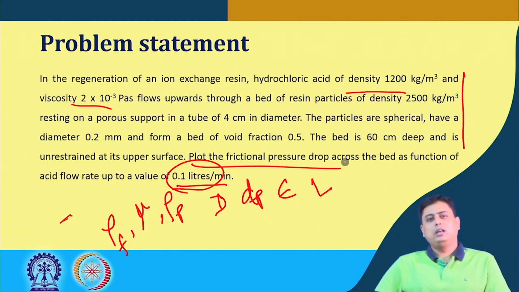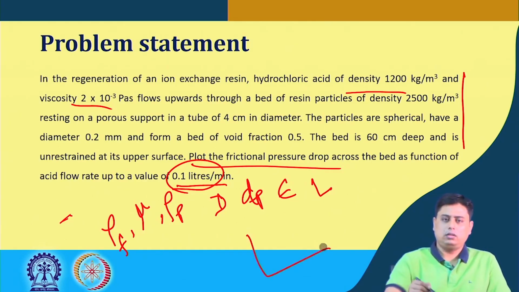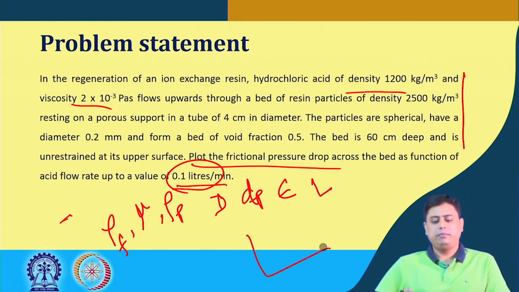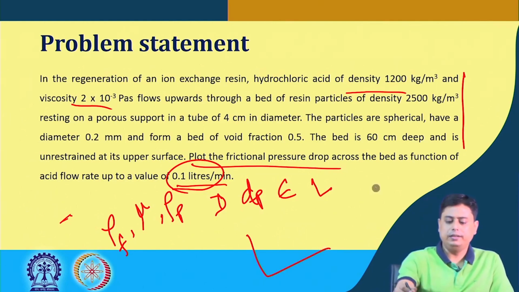Because that is what the first part of the Ergun equation shows: a linear relation between delta p and the flow rate, or the superficial velocity. So, if we assume for the sake of simplicity and to draw this plot that the relation between delta p and the flow rate q, q is also given here.